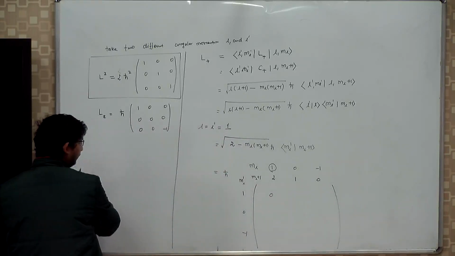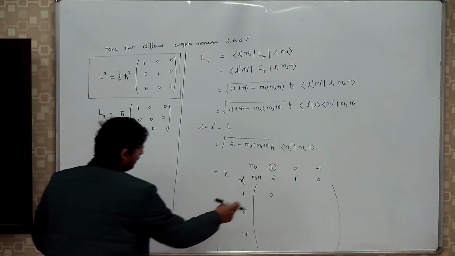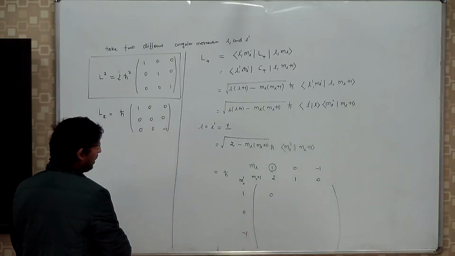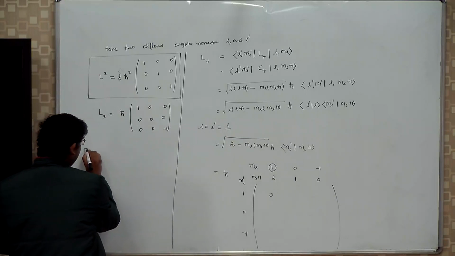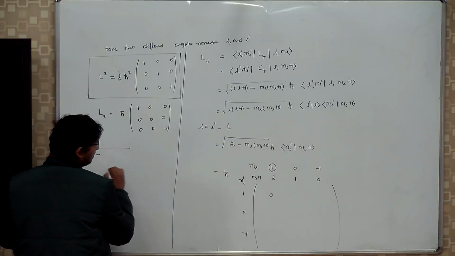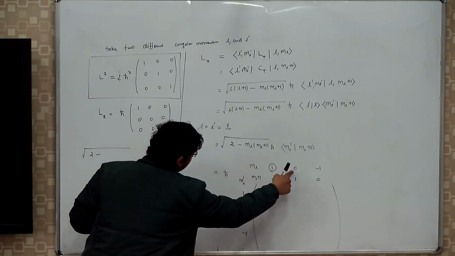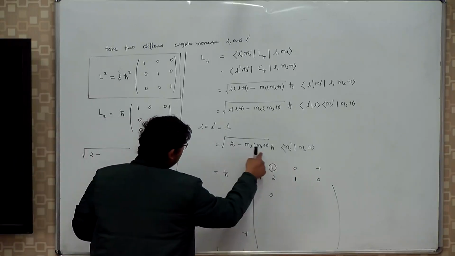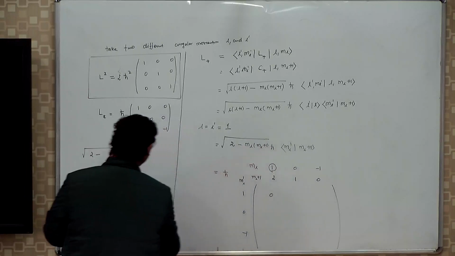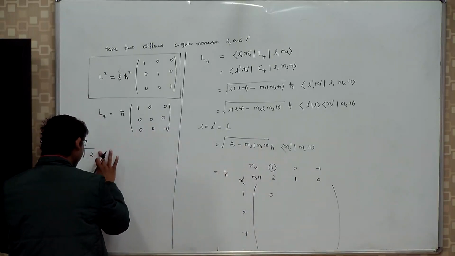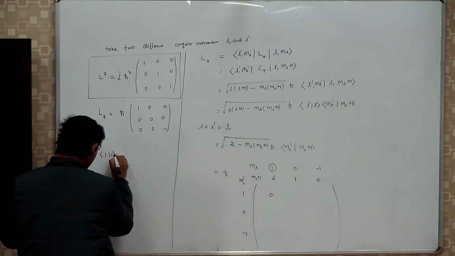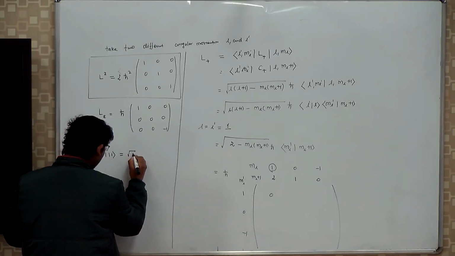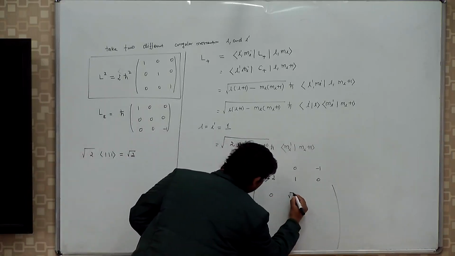Coming to the second entry, here inner product between 1 and 1, mL dash is 1, mL plus 1 is nothing but 1, then square root of 2 minus, so mL value is nothing but 0, then this entire term will be 0, so only we have square root of 2, then inner product between 1 and 1, so we will get square root of 2 as the answer.